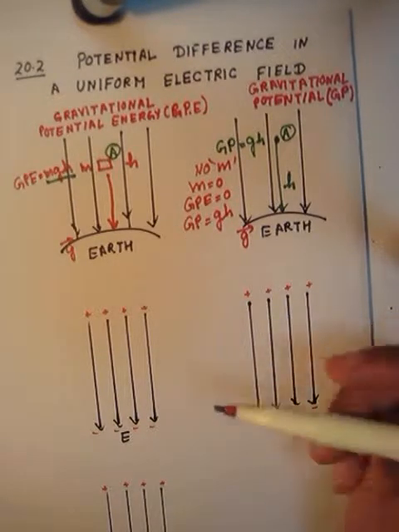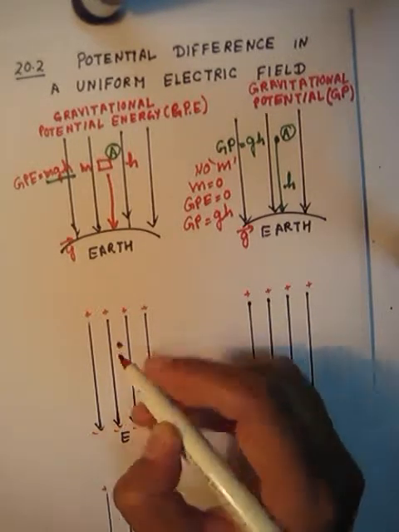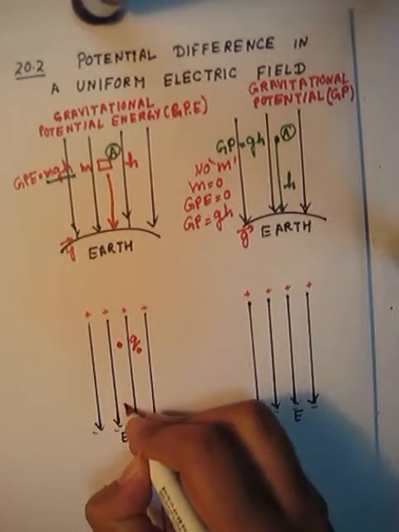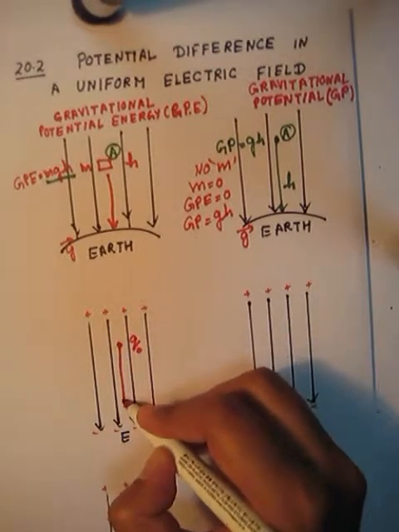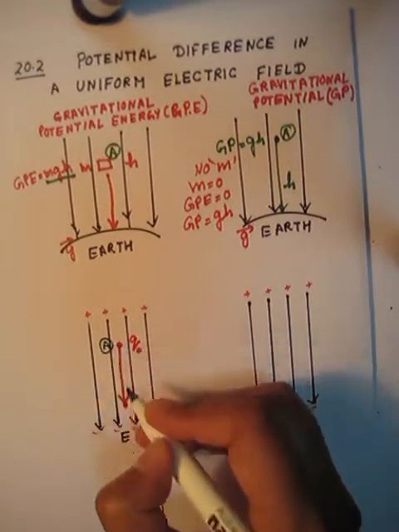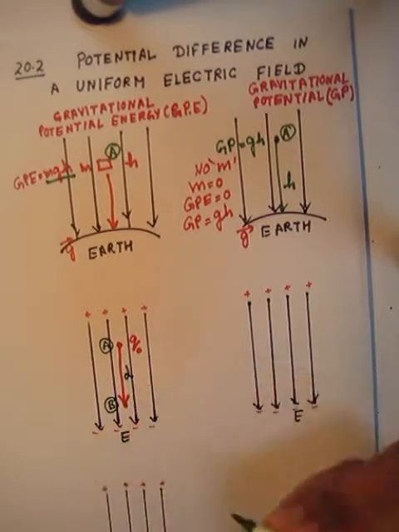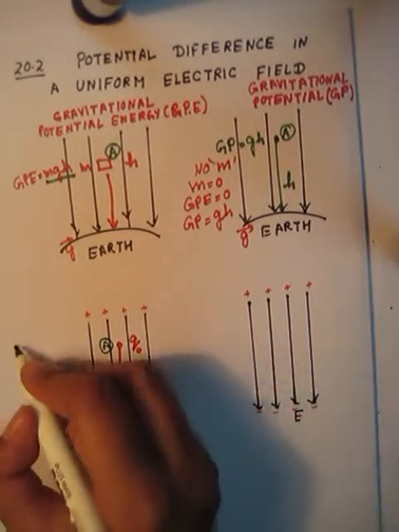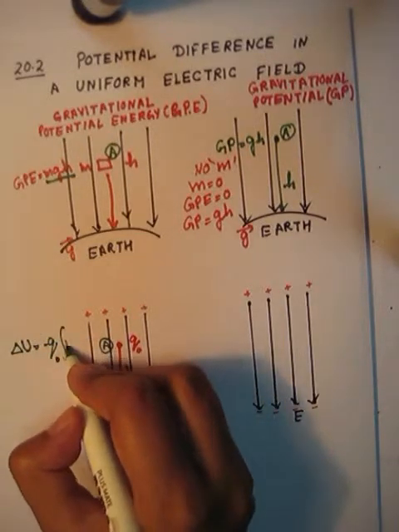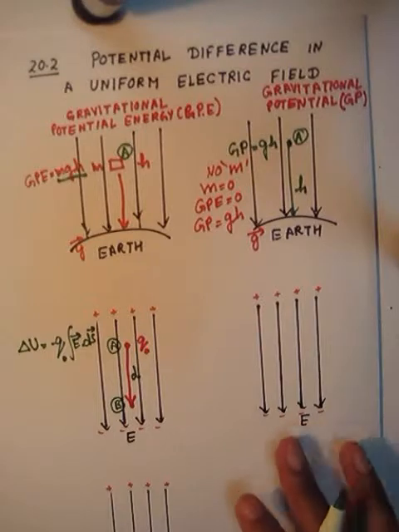In a similar manner, suppose there is a charge plus q0, moving from point A to point B, and the distance moved is d. Then the potential energy change will be minus q0 integral of E vector dot ds vector, from the basic definition of potential energy.